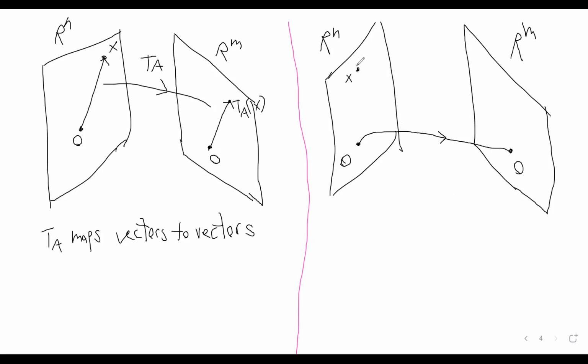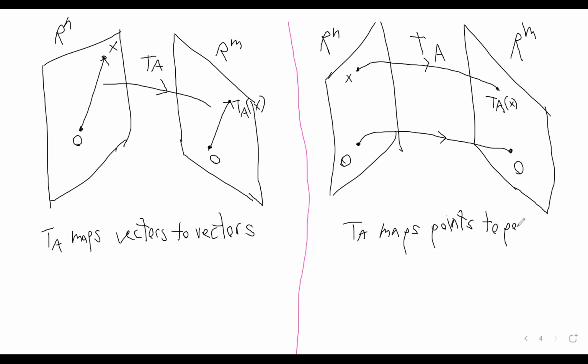And so then this function, T sub A, would map this point X to a point in Rn, which we label as T sub A of X, the image under T sub A of X. So here T sub A maps points to points. Same exact function, we're just describing it from a different perspective.